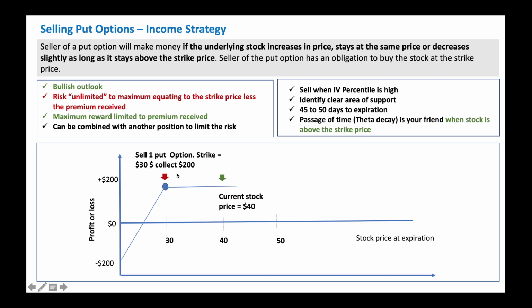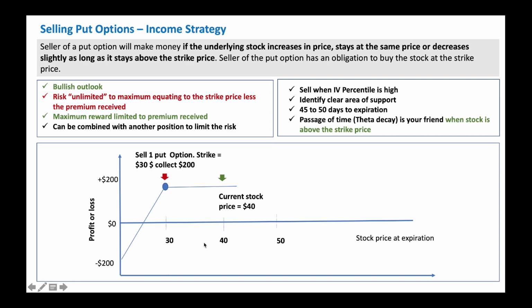You sell one put option and, in this case, collect $200 here. So that's the money you can keep if the stock expires or goes higher, beyond 30, by the expiration date. So that's why people are excited to sell put options. You generally go below the stock price and identify an area of support, in this case $30.